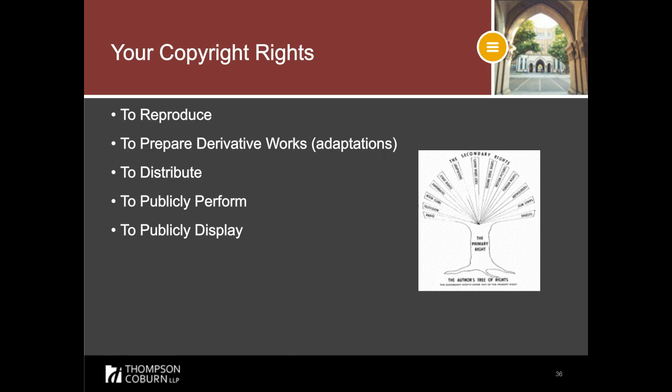If, for example, somebody writes a book and then somebody else turns that into a play and then somebody else turns that into a movie, those would all be viewed as derivative works of the original. It's the owner of the copyright in that original work that really has the right to prepare those derivative works. The owner is also the person with the exclusive right to distribute the works, to perform the works, in this case, for example, of music or plays, and to publicly display the works.